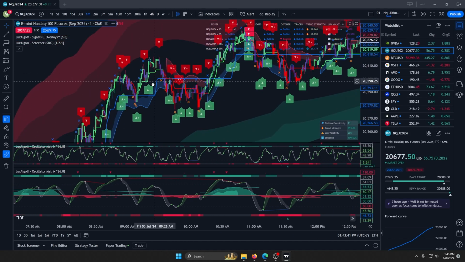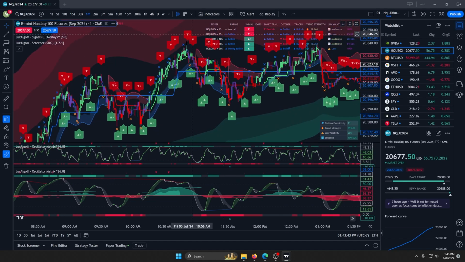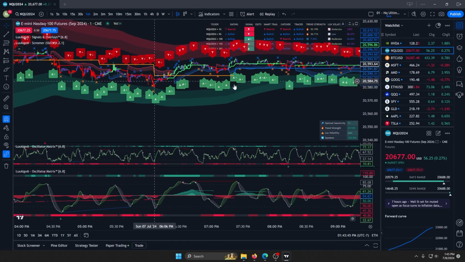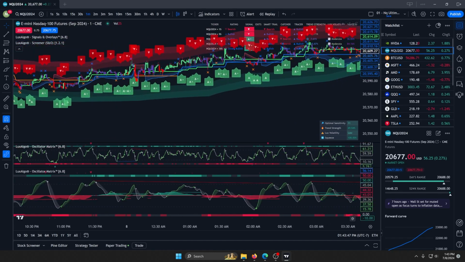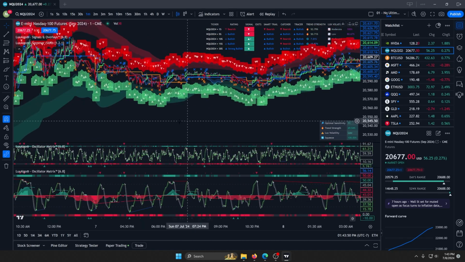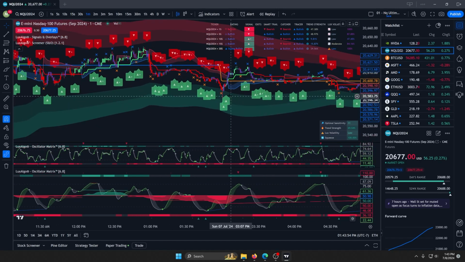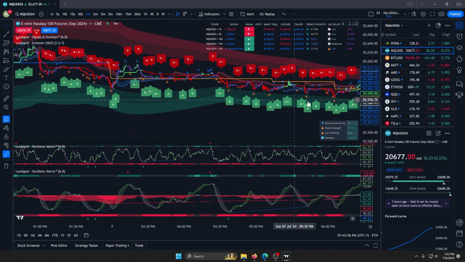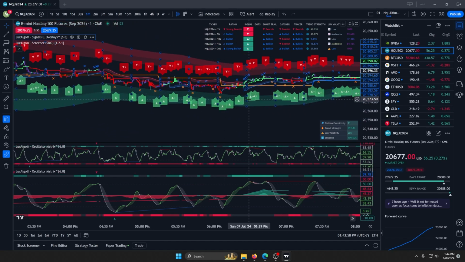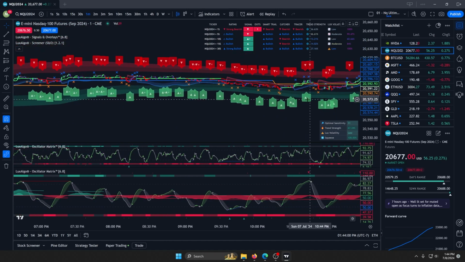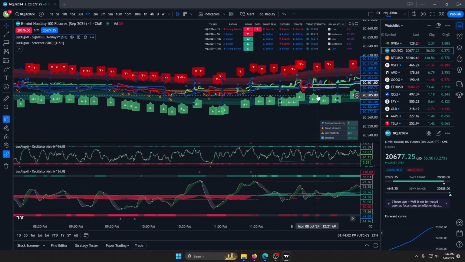But you see, sometimes they can do multiple hits on the reversal zone before the price starts turning around. Then you see it started turning around a little bit. And then same thing down here. I know this is a lot of signals, but 1 reversal zone hit, 2 reversal zone hit, 3 reversal zone hit. Boom.